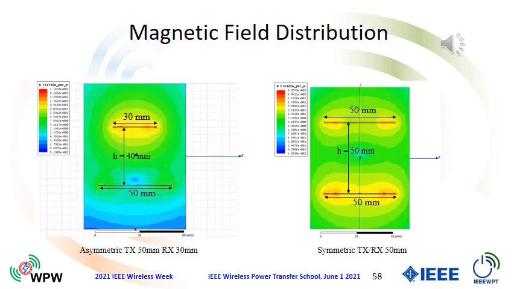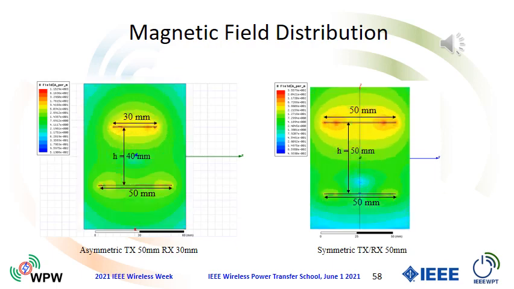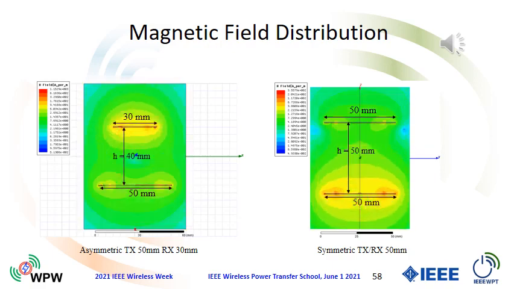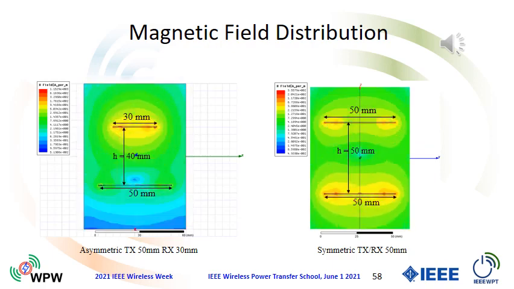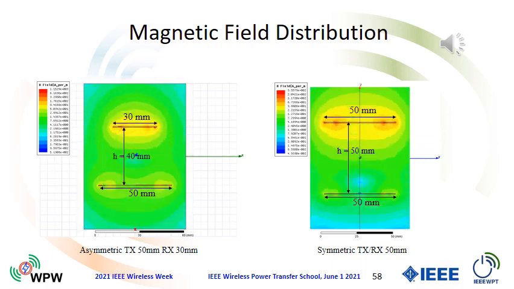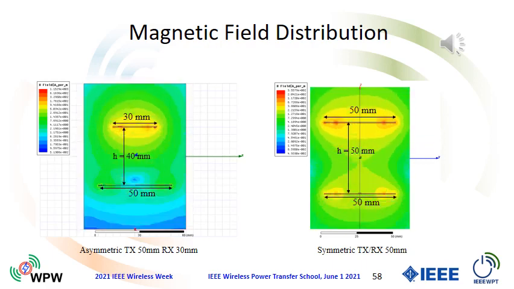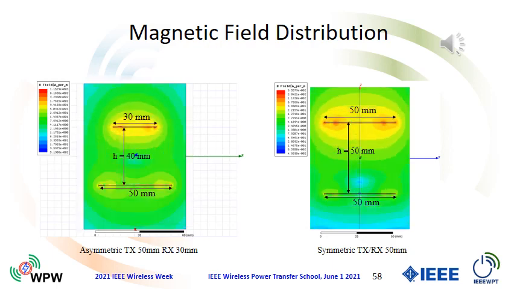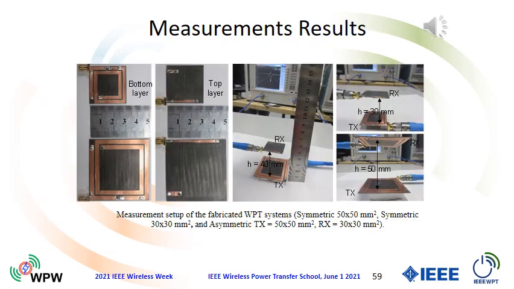The left figure shows a glance of the simulated magnetic field for the asymmetric transmitter of 50 by 50 mm square and receiver of 30 by 30 mm square at different phases. The measurement setup for the fabricated wireless power transfer systems, symmetric and asymmetric, is shown in this slide.